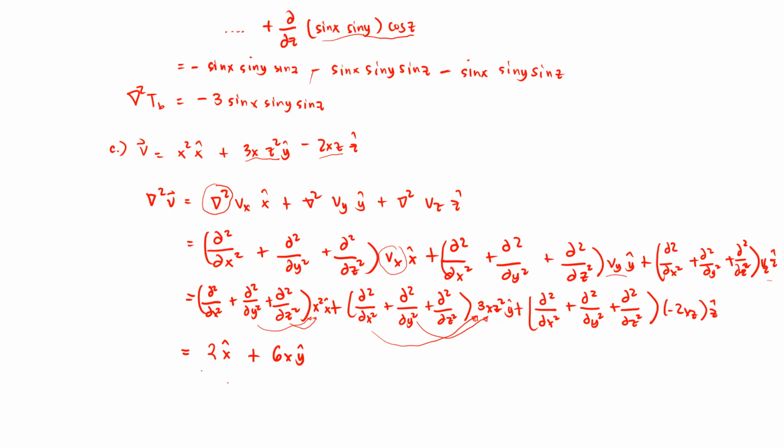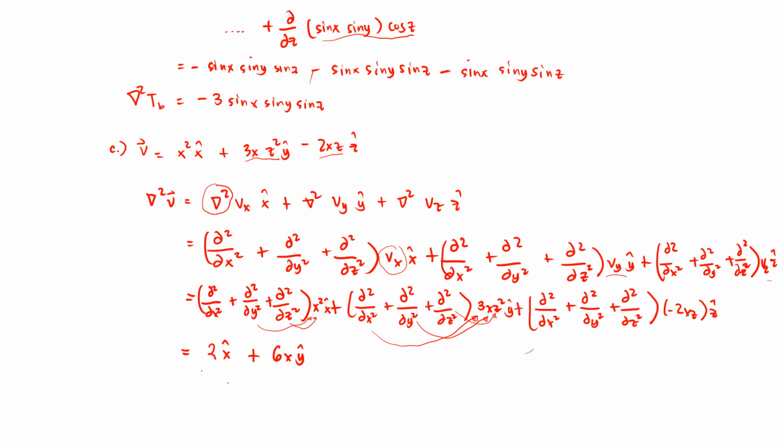And then for this, we will get 6xz for the first partial derivative. And then differentiating it again, we will get 6x. Okay, so I hope you have followed through the discussion. So you have 6x y hat.